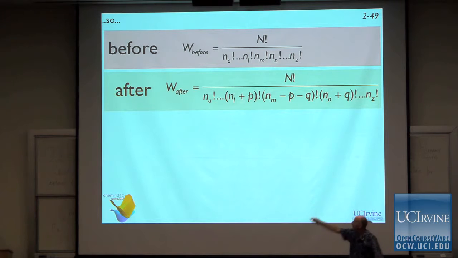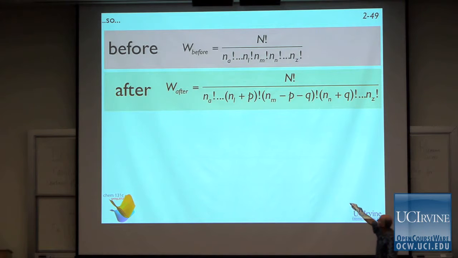Before the shift, this equation is true. After the shift, I've added some number of molecules to L, I've removed molecules from M, moved P to L and Q to N. N got larger by an amount Q. This shift is described by these 3 equations right here.